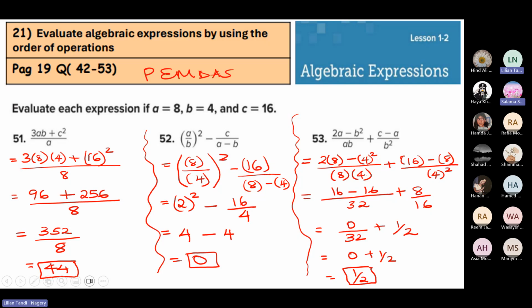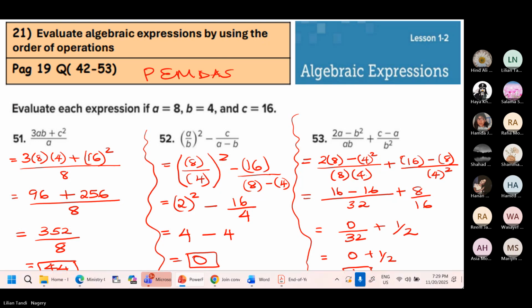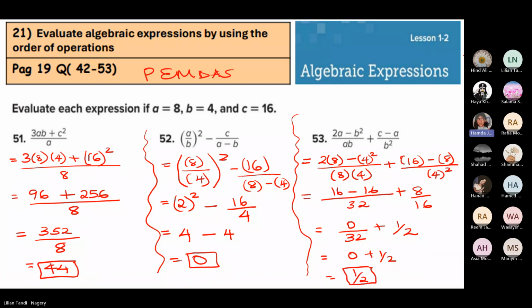Miss, can we write it as a decimal? No. The su'al is a fraction. Leave it as a fraction. Okay? Miss, can you wait a little? Yes. Hurry up. Miss, will this come in the writing or the multiple choice?